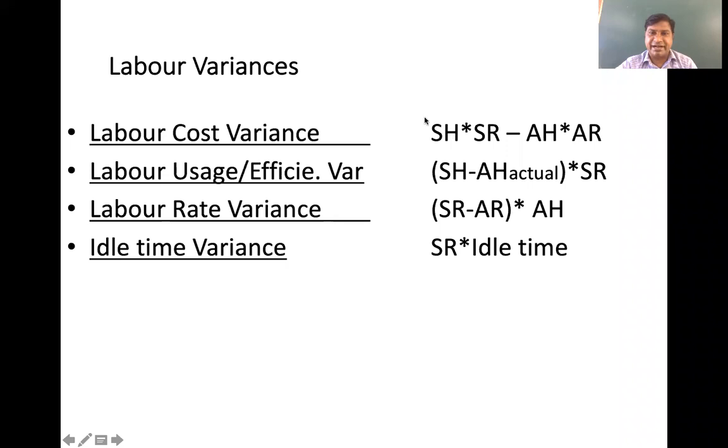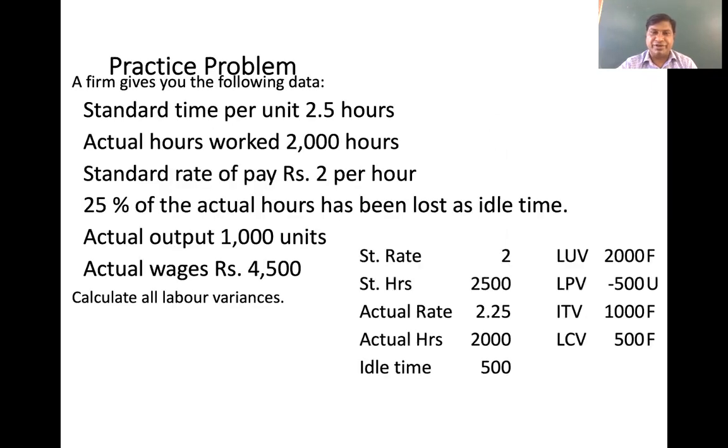Now, what are the standard hours in this case? And what is standard rate? The standard rate is 2. It's already given. And standard hours are 2500. From where did you get this 2500 figure? It is not given in the data.